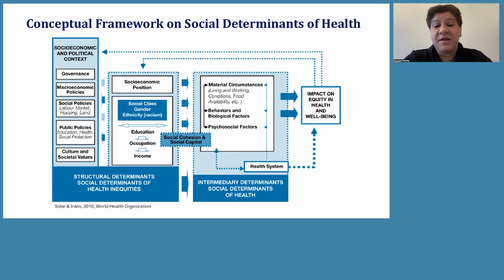And what you see on the left-hand side is an explication of social conditions that might affect health. So we've focused so far on socioeconomic status, but there are many other indicators of your social conditions, including your gender, your race, ethnicity, immigrant status, and so on.